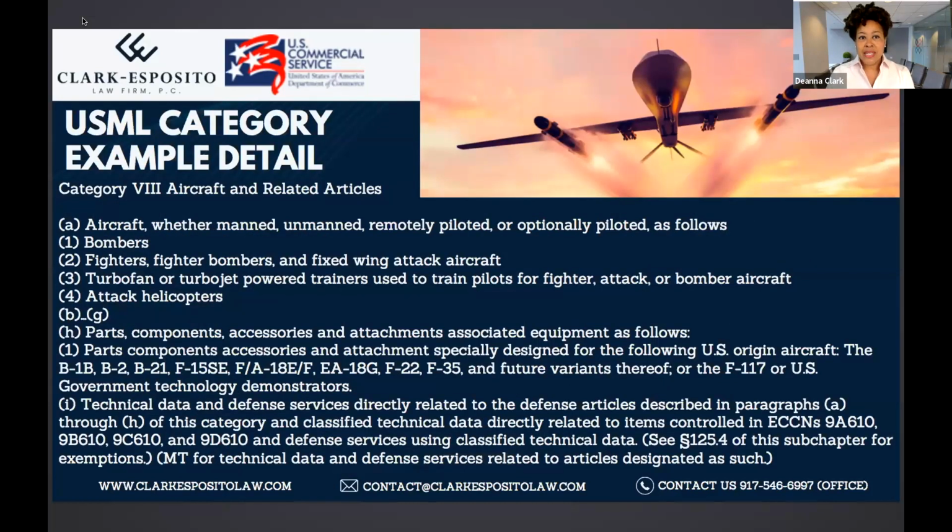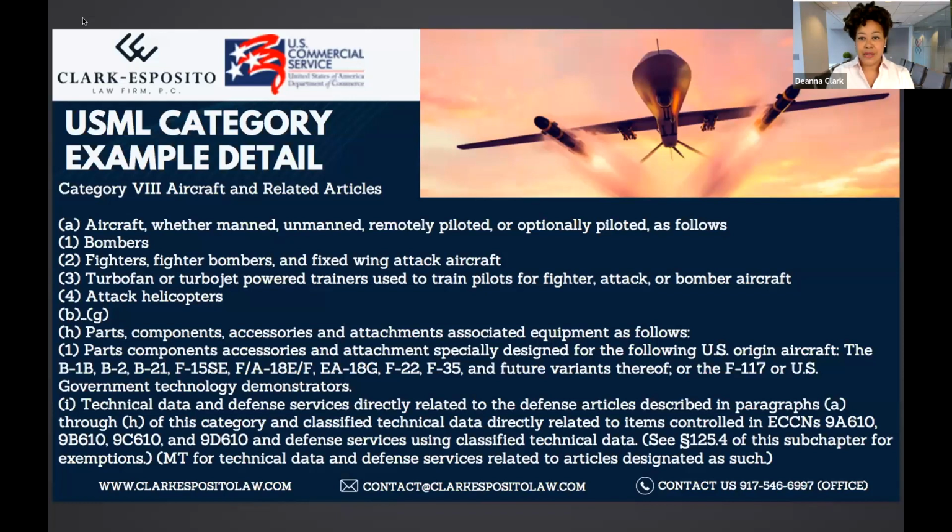To give an example, talking about aircraft and related articles, we have quite a bit of aircraft manufacturing where I live in Connecticut. Category 8 is broken out into aircraft, whether manned, unmanned like drones, remotely piloted or optionally piloted, as follows: bombers, fighters, fighter bombers, and fixed wing attack aircraft, turbofan or turbojet powered trainers, attack helicopters, and then of course the parts, components, accessories, and attachments associated with the equipment as follows.